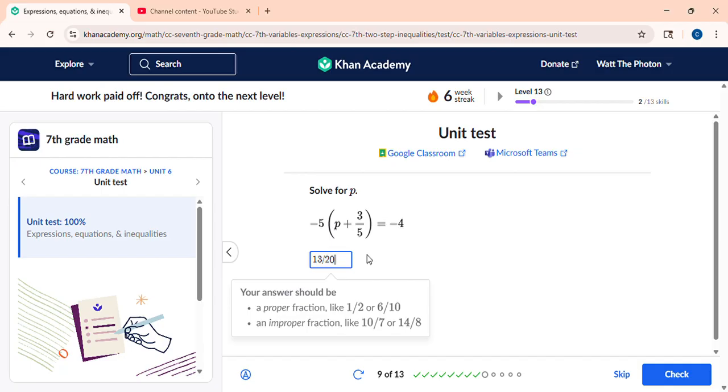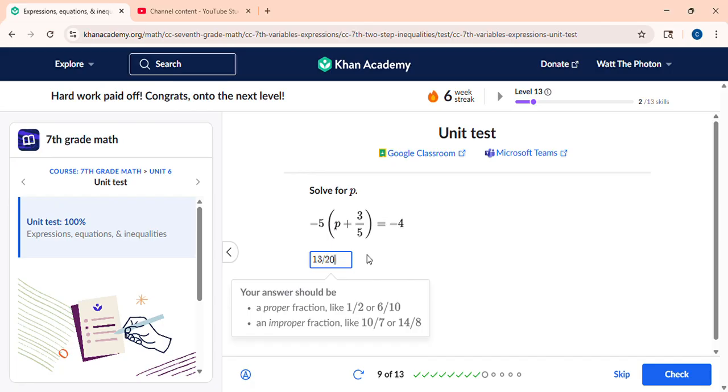Where did I go wrong? So divide. I did my division wrong at the very beginning. It's positive 4 over 5, not 5 over 4. Okay, so all of that messed up.